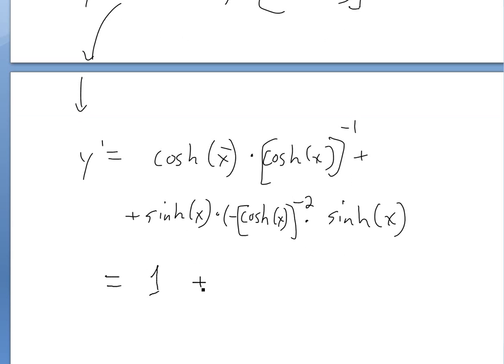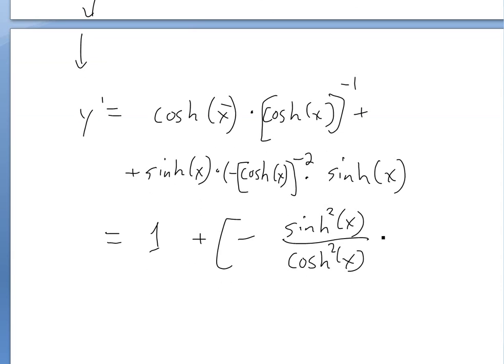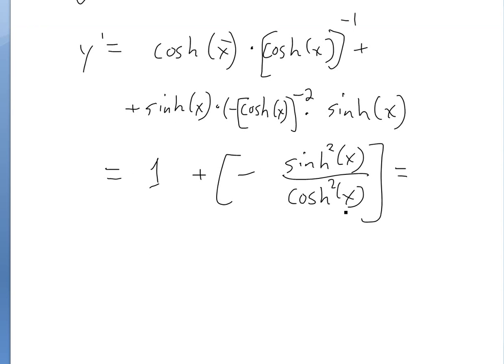Plus this one here, which is sinh squared of x divided by cosh squared of x, so this is actually negative here. We'll just write negative sinh squared of x divided by cosh squared of x, and this is equal to 1 minus tanh squared of x.